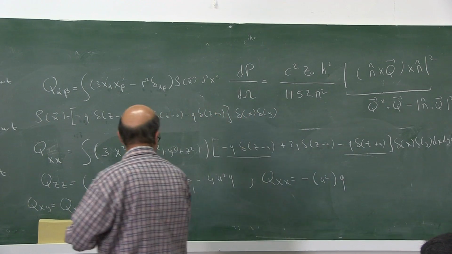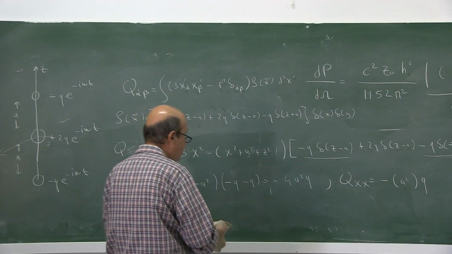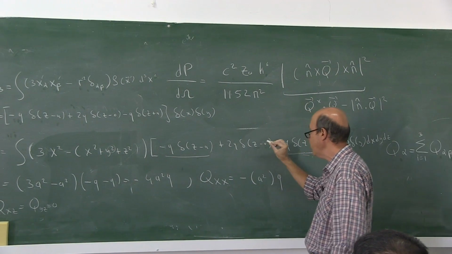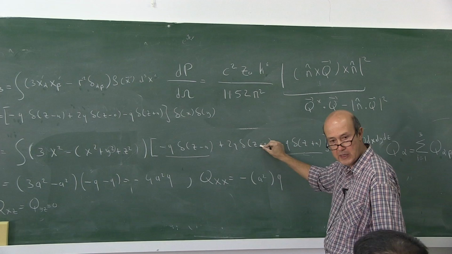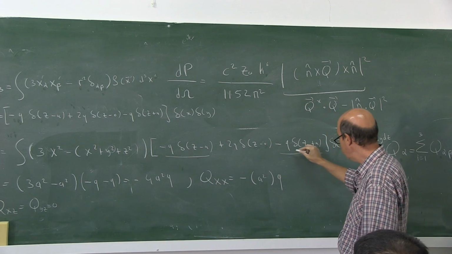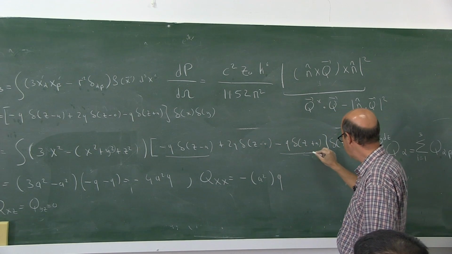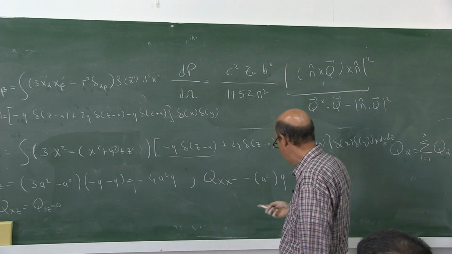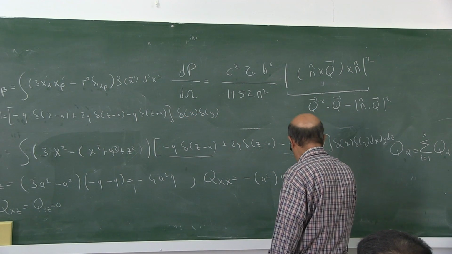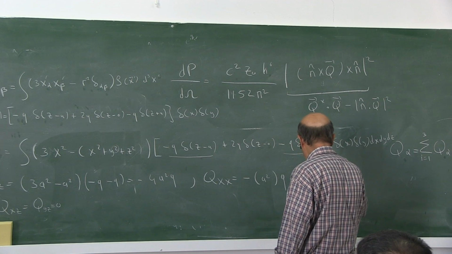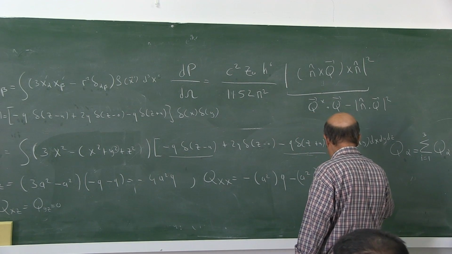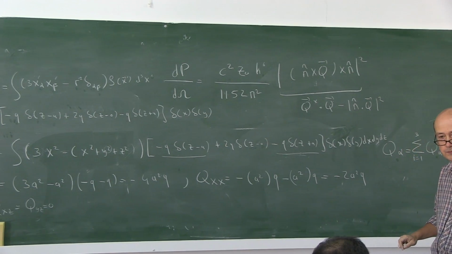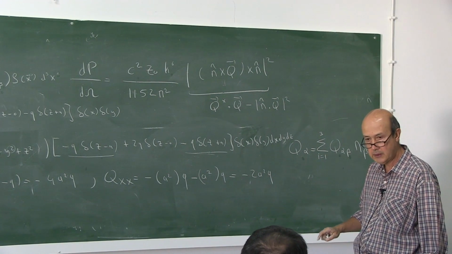And what about the other one? When you perform this integral, everything is 0. x equal to 0, y equal to 0, z equal to 0. For the third integral here, again, all x, y's will be 0, z will survive. So you will have one more of the same term, and that should be minus 2a square q. So clear?